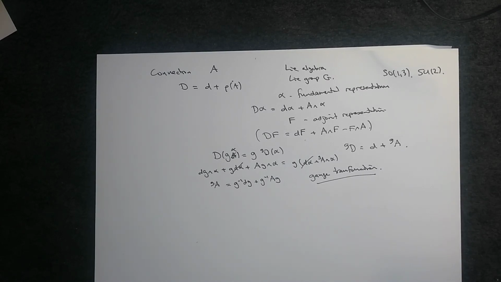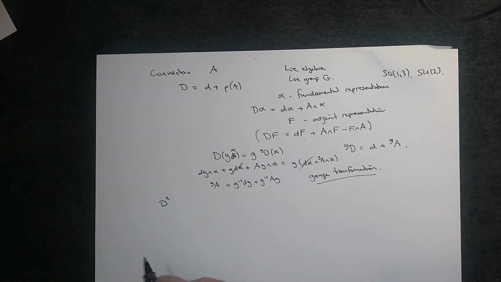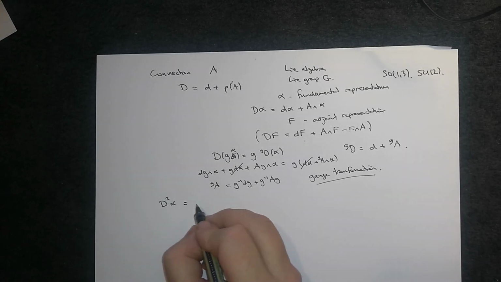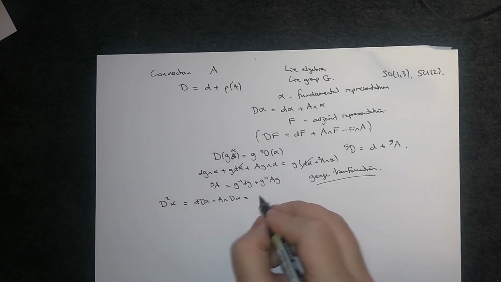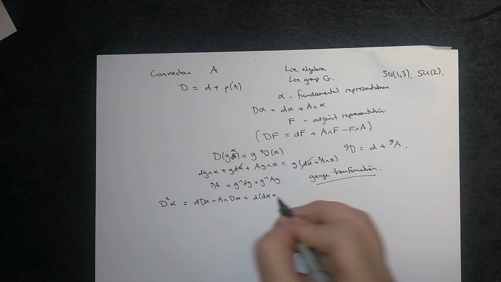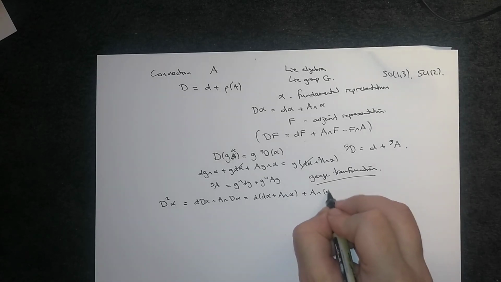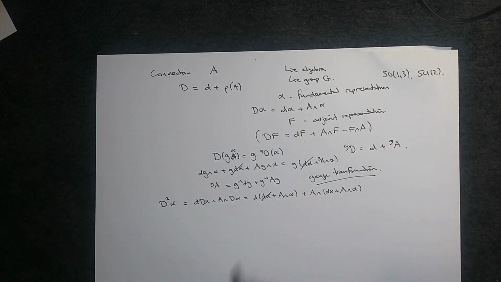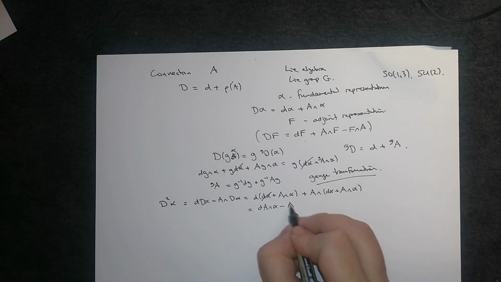Next thing we'll do is look at the curvature. The curvature is given by applying the covariant derivative twice. So D squared applied to alpha, alpha being in the fundamental representation again, that's equal to d alpha plus A wedge D alpha, which is d of d alpha plus A wedge alpha, plus A wedge d alpha plus A wedge alpha. d squared is 0, so that gives me dA wedge alpha minus A wedge d alpha.